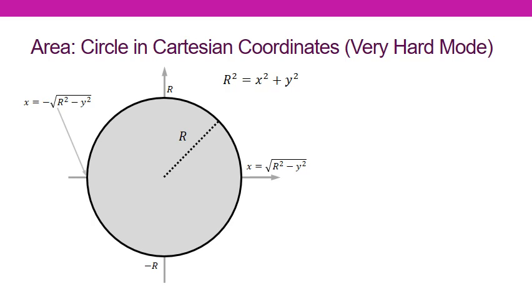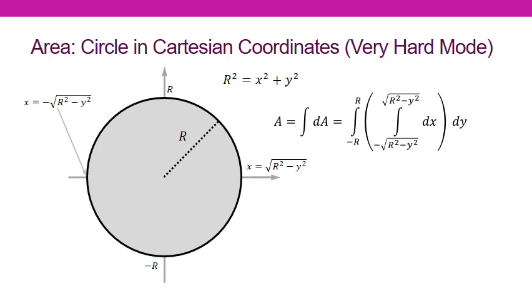On the positive x direction, I'm going to have the positive root. On the negative x direction, I'm going to have the negative root. So now I've got my limits, and I can plug that into my integral, take the integral of dA. dA is, of course, dx dy.